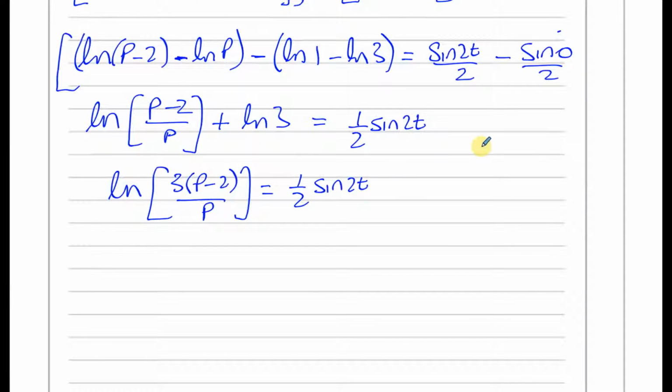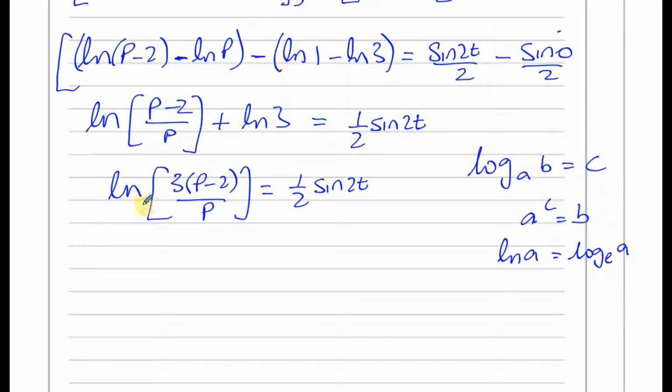So remember, we have log to the base a of b is equal to c, which can be rewritten in index form: the base a to the power of c equals b. Now ln of a means log to the base e of a, right?